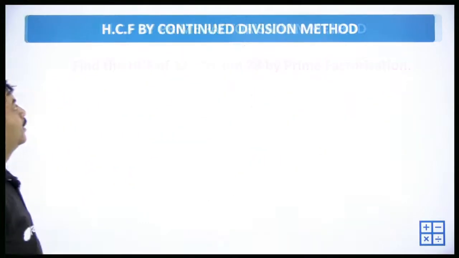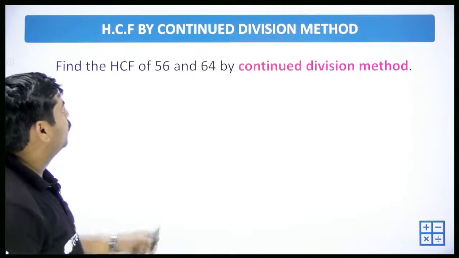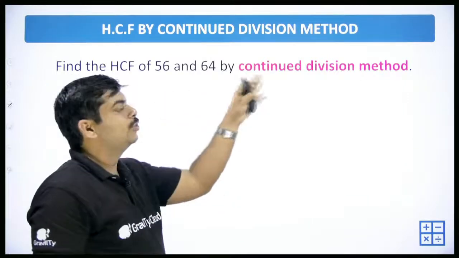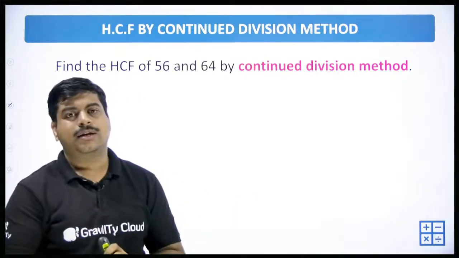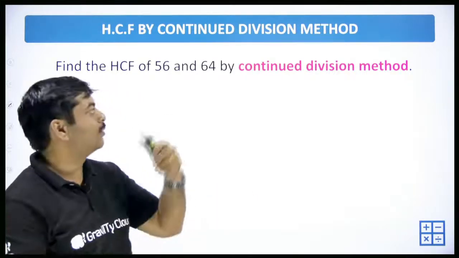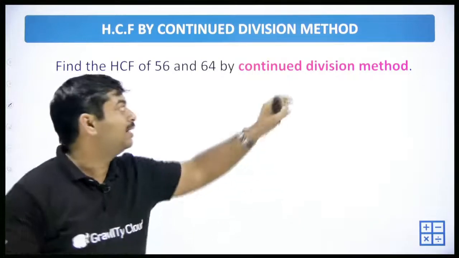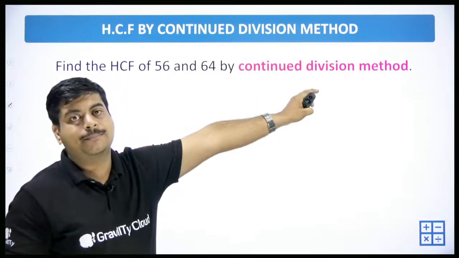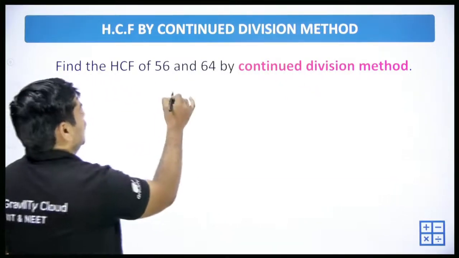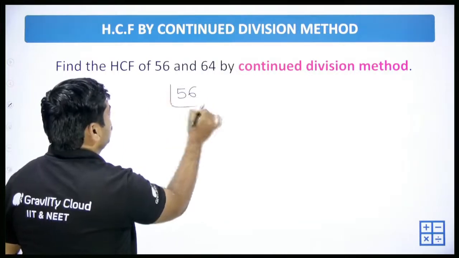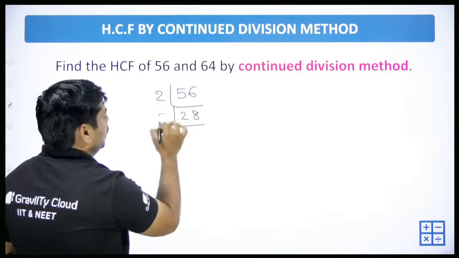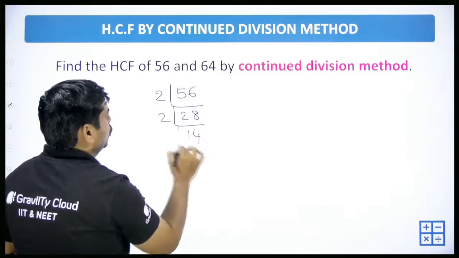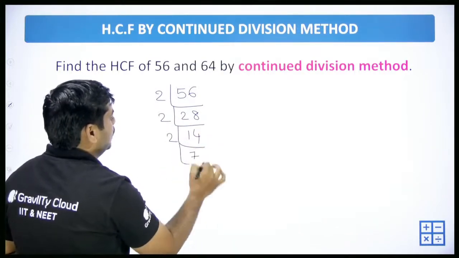Okay, so the next one, find the HCF of 56 and 64 by continued division method. So the method of division which we just discussed, that is called continued division method. Let's try to write the division for 56: 2 times of 28, 2 times of 14, 2 times of 7, and 7 times of 1.